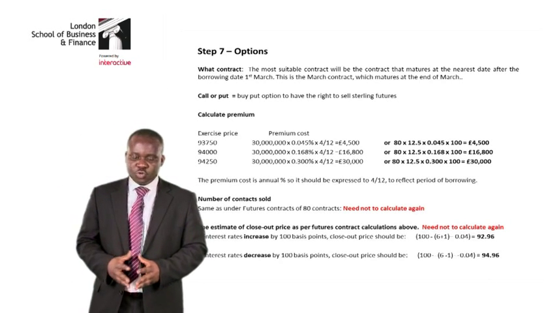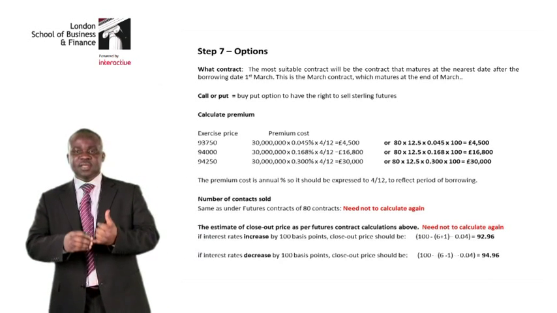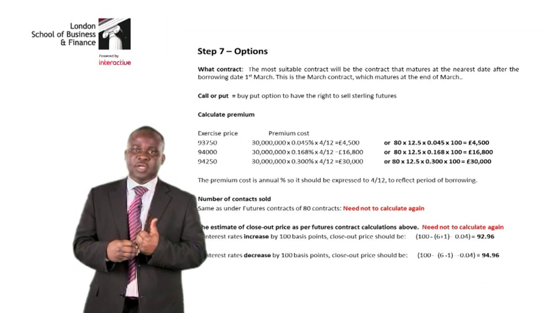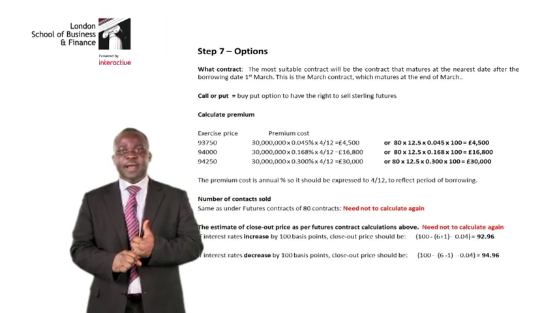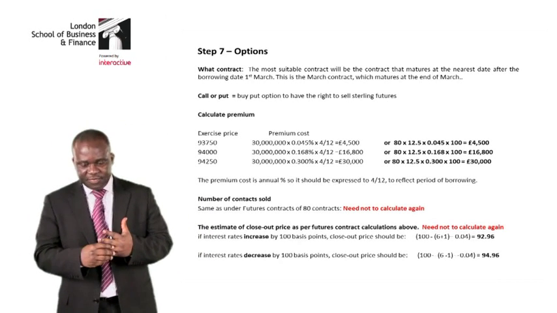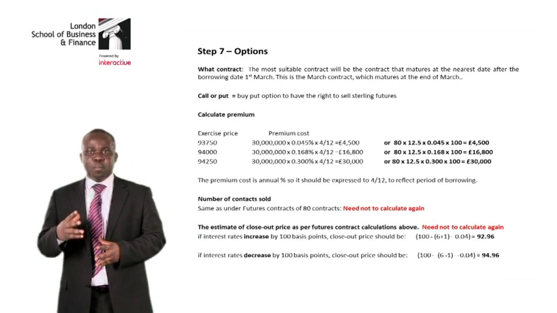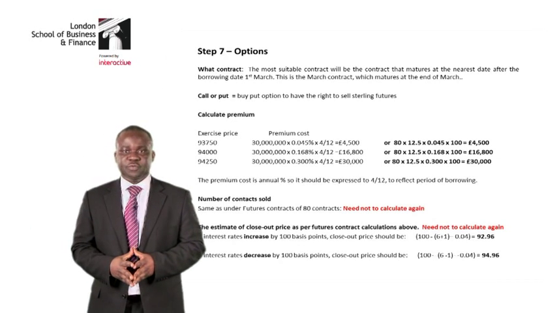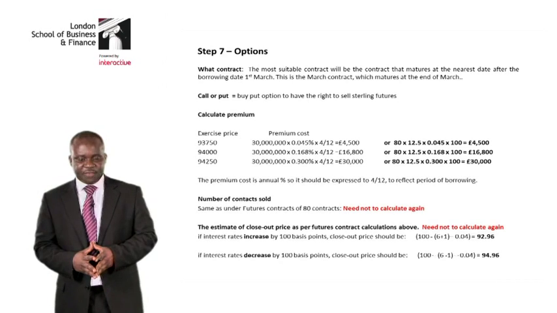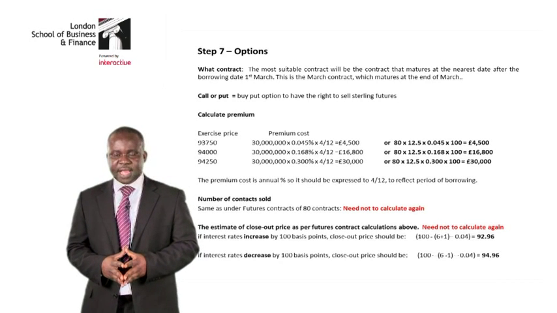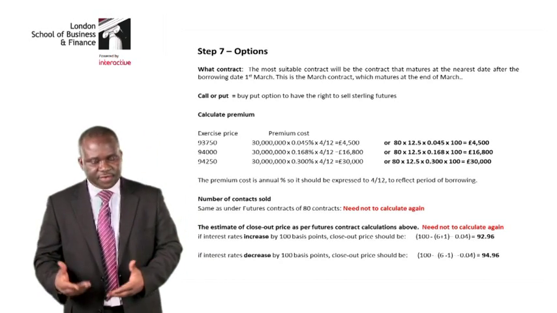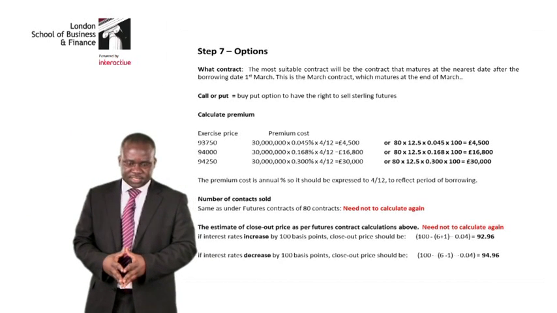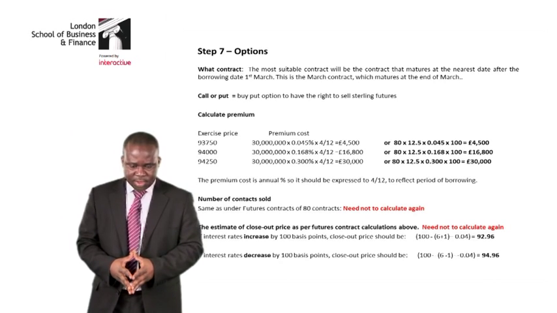Alternatively, you can calculate the premium as the number of contracts entered into, which in this case is 80, multiplied by the contract size, which is given as 12.5, multiplied by the premium, which is 0.045 for the first one, and then multiplied by 100. All of them will give you the same answer. So whichever is easier for you, you can decide to use any of them.